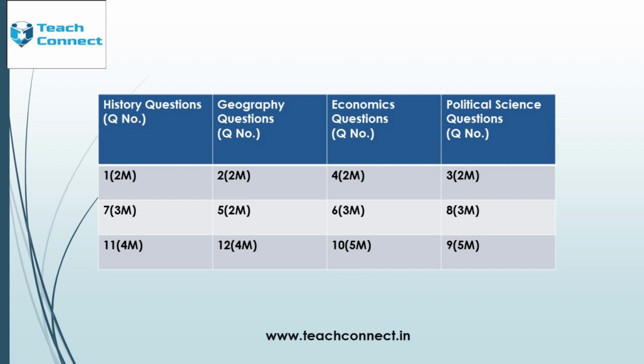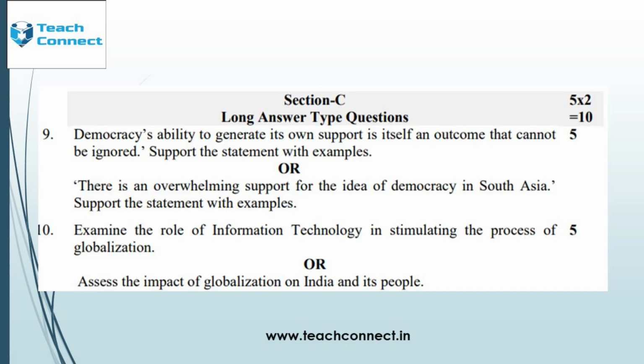Again, the pattern repeats: question number 9 political science, question number 10 economics, question number 11 history, question number 12 geography, and question number 13 map pointing, which is given here as a 5 marks question.